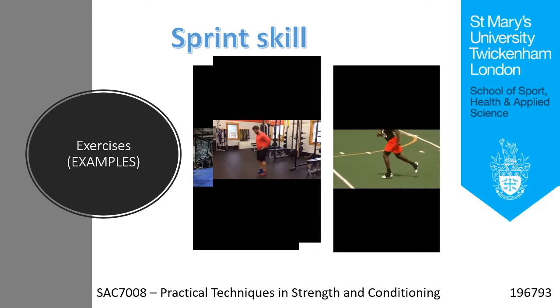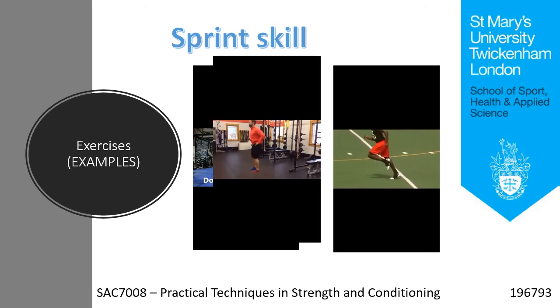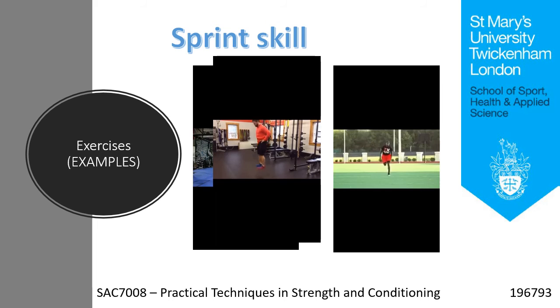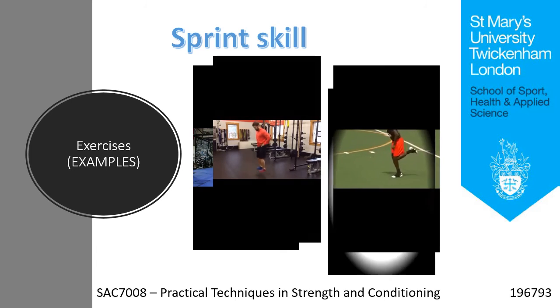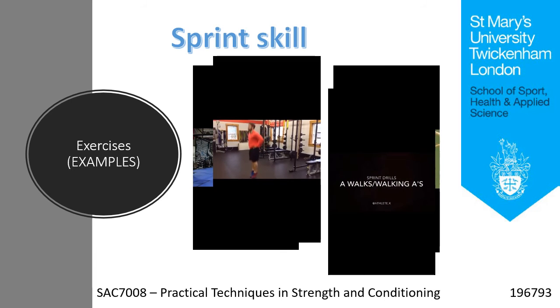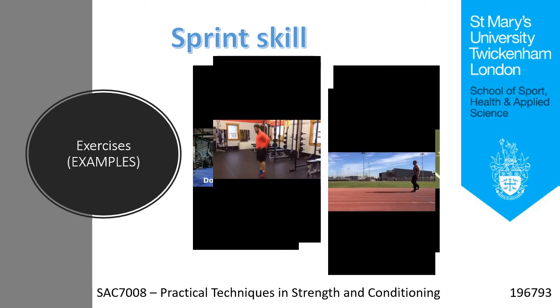Pogo jumps could be used to increase that vertical force and the eccentric capacity of the lower limbs, and then join everything together in exercises such as the A walks or the A skips before going into a maximum sprint.